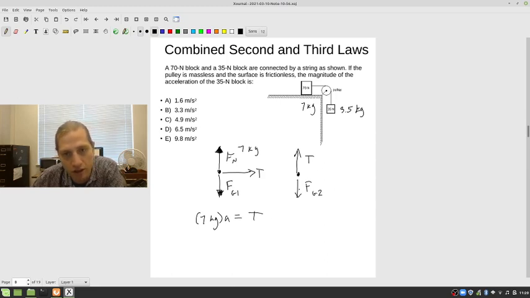For the second block, I'm going to write 3.5, so this is F net equals m times a. We're going to do the same thing for the other one. F net equals ma. Now the F is going to be T. And then the other thing is that in the direction of its motion, we have to include that 35 newtons.